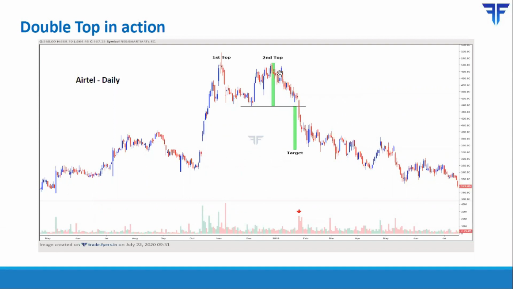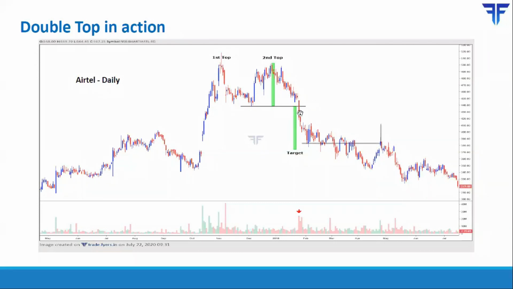So you have indications that maybe the uptrend is weakening. However, you should not act, that is, you should not sell as long as price does not break below this neckline. However, as you can see, going forward in time, price managed to break below that neckline, which completed the double top pattern.